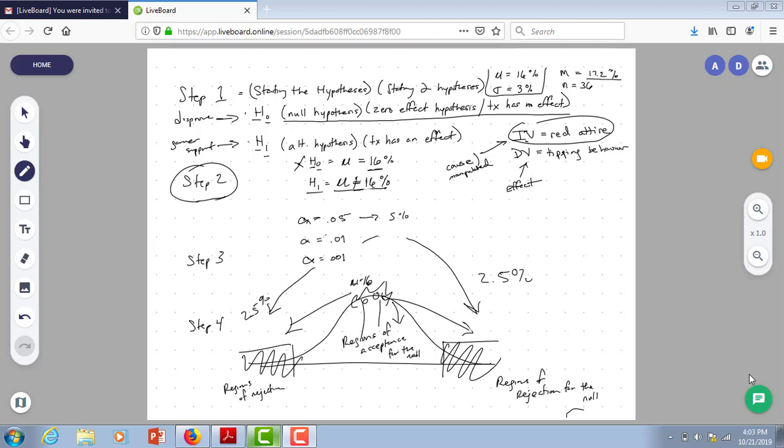If the sample data fall in the critical region, the null hypothesis is rejected. So again, ultimately, you'll be coming back to these hypotheses and making a decision about accepting or rejecting them. And you will do so based on whether or not your sample mean falls into the tails of your distribution as it pertains to your problem.